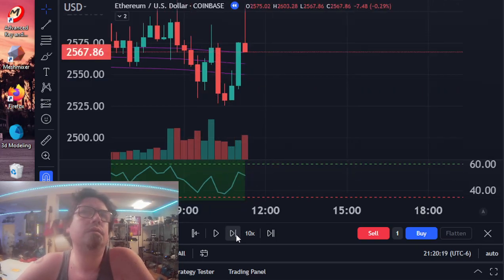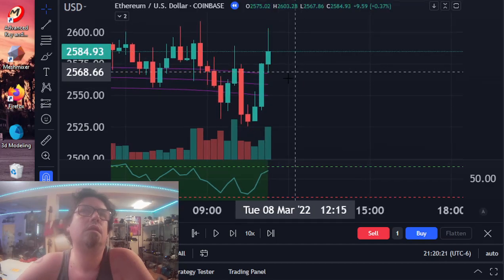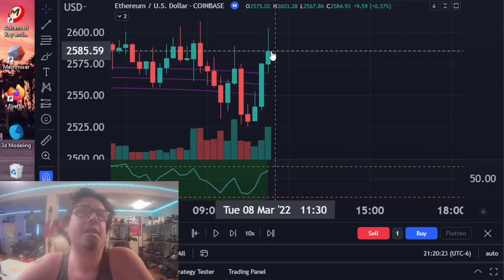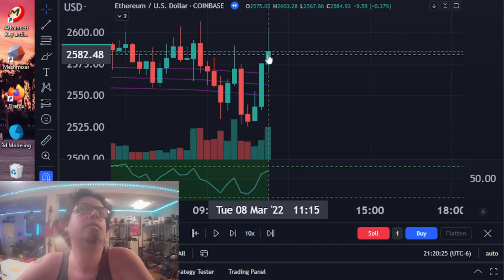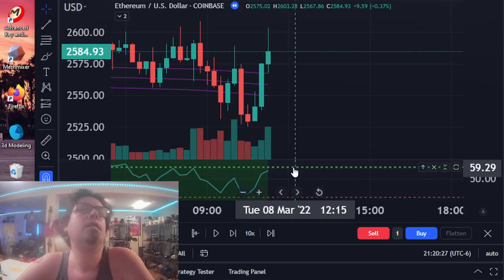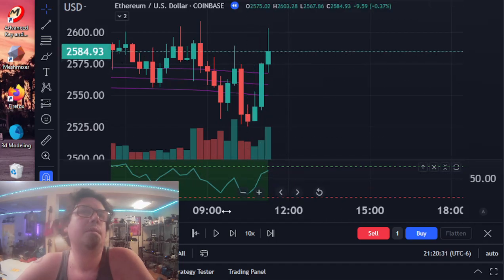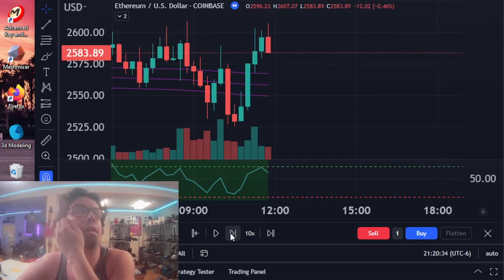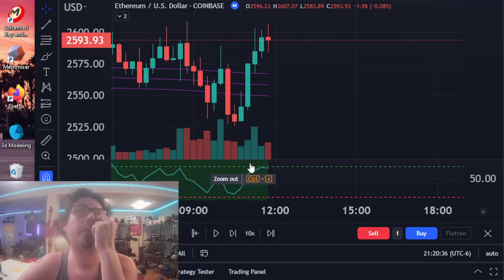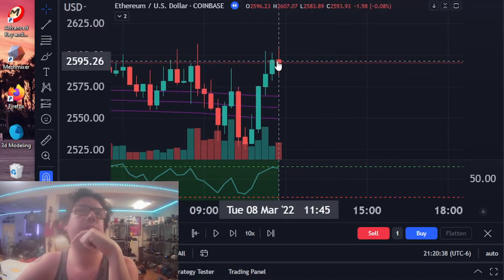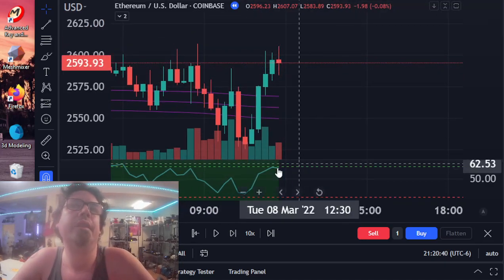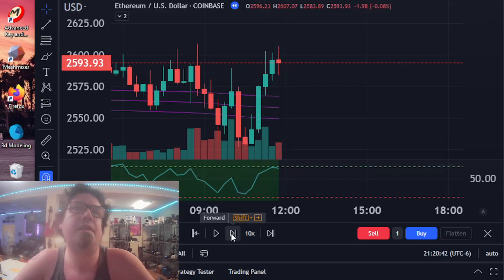Nope. That's really significant, but nothing on the chart there. Alright, this could be... No, there's really no divergence going on here.